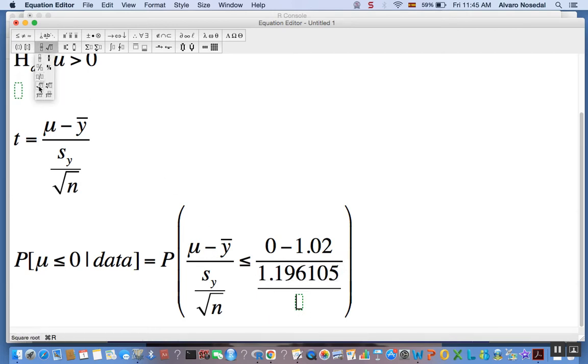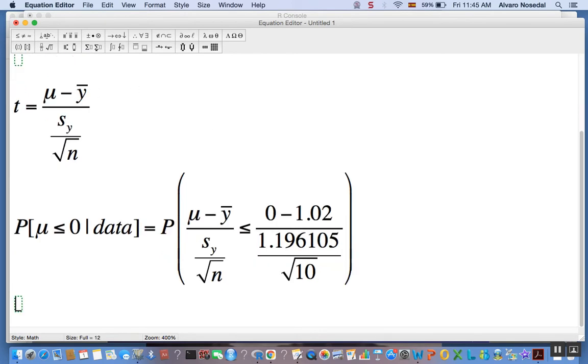In this case, 10 observations. Right? So now, by using that transformation, this guy, we know, has a t-distribution with 9 degrees of freedom.